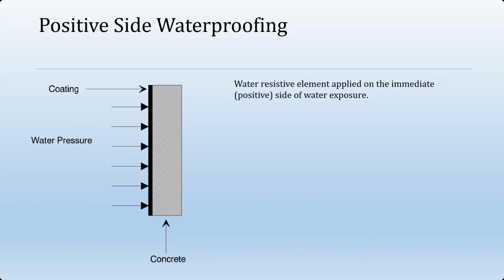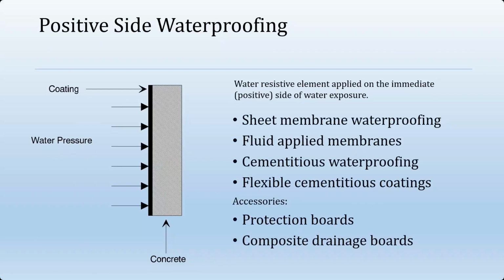So to move on to positive side waterproofing, it is simply a water resistive element applied on the immediate or positive side of the water exposure. These types of membranes can be sheet membranes, the ubiquitous 60 mil self-adhering sheet, these SBS rubberized asphalt, so 56 mils of asphalt bonded to a 4 mil high density polyethylene.